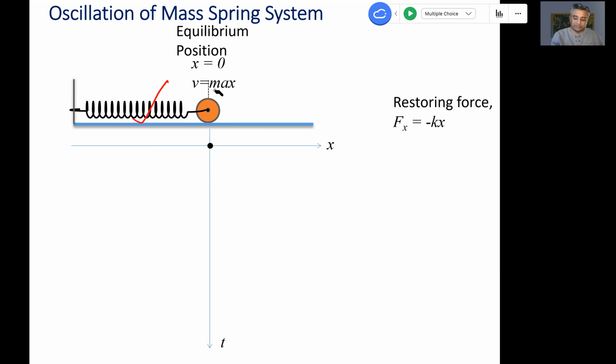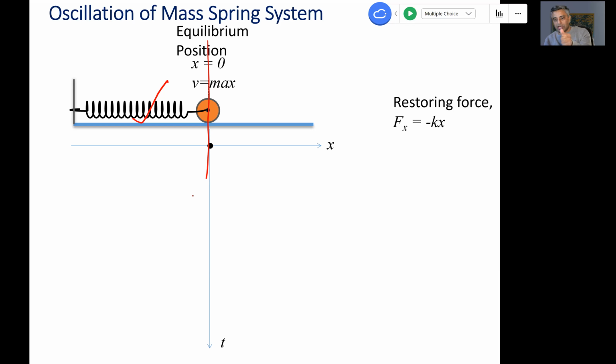Now, you start observing it when it is at equilibrium position, let's say. For convenience, you start observing when it is at equilibrium position. It's going back and forth like this, oscillating. But for the sake of convenience, when you start tracking the motion, you start from this equilibrium position.